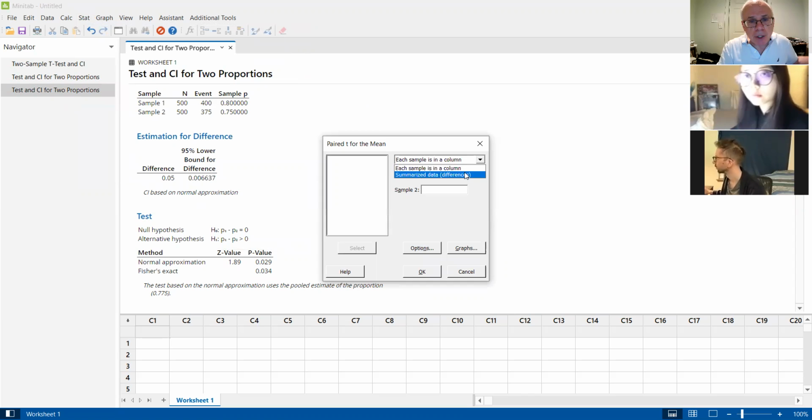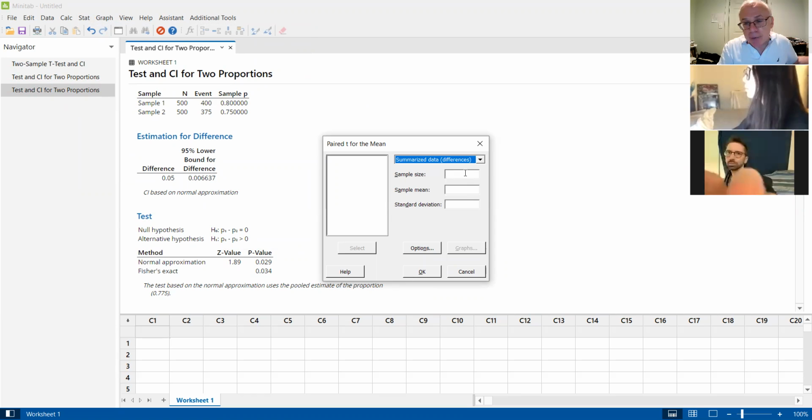Now you could actually put in summarized data here if you had it: sample size, the sample mean. What's the mean in this case? It would be the mean of the differences between the two groups. Typically, you give people data and they figure it out, right? They put in the two data sets, but if you were given the mean of the differences, that's what you would put in here. You put your sample size here.